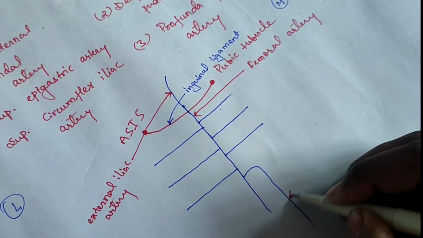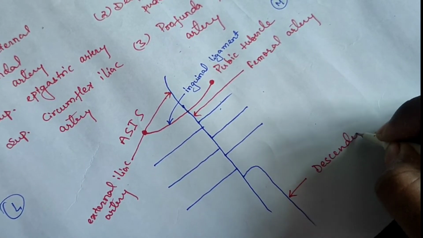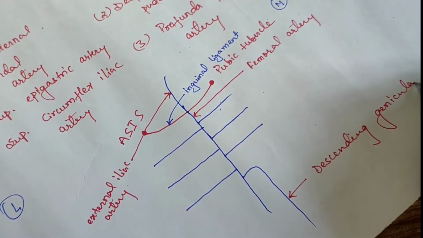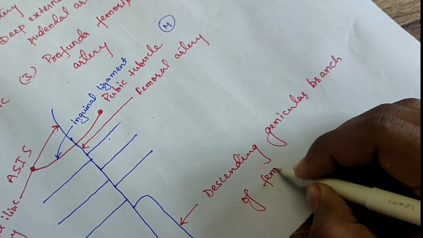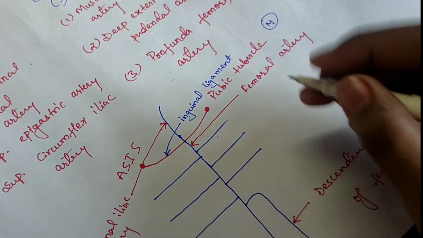This branch is known as descending genicular branch of femoral artery. Okay, now the rest 3 here.